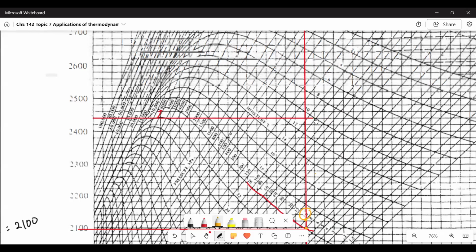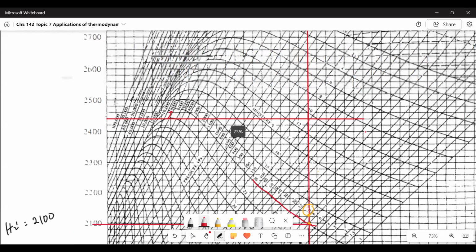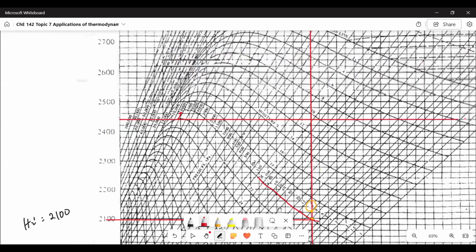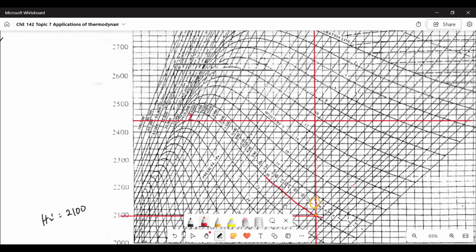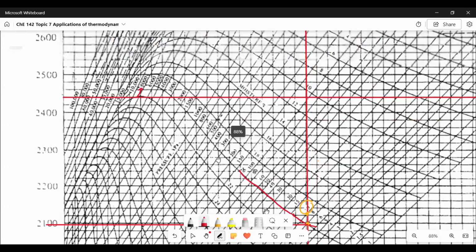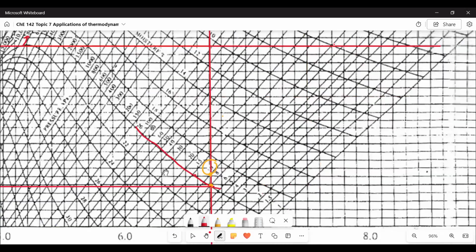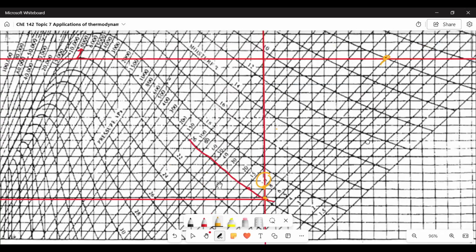Not yet, not yet. So where it intersects, this is 10. Where is the 10 kilopascal? Here is 10 kilopascal. This is the point. So this 10 kilopascal is the point, and this is H2 actual. Let me write that.